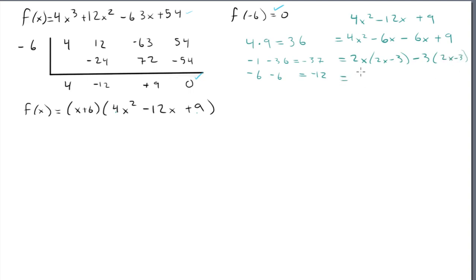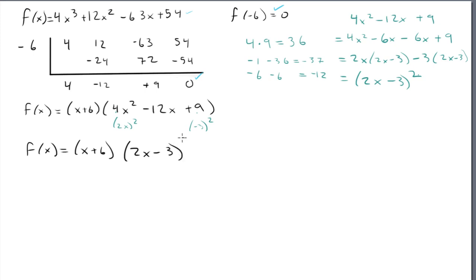So this is 2x minus 3 quantity squared. Oh, how about that? I should have seen that. This is 2x squared, and this is a -3 squared. So f of x is equal to x plus 6 times 2x minus 3 quantity squared.